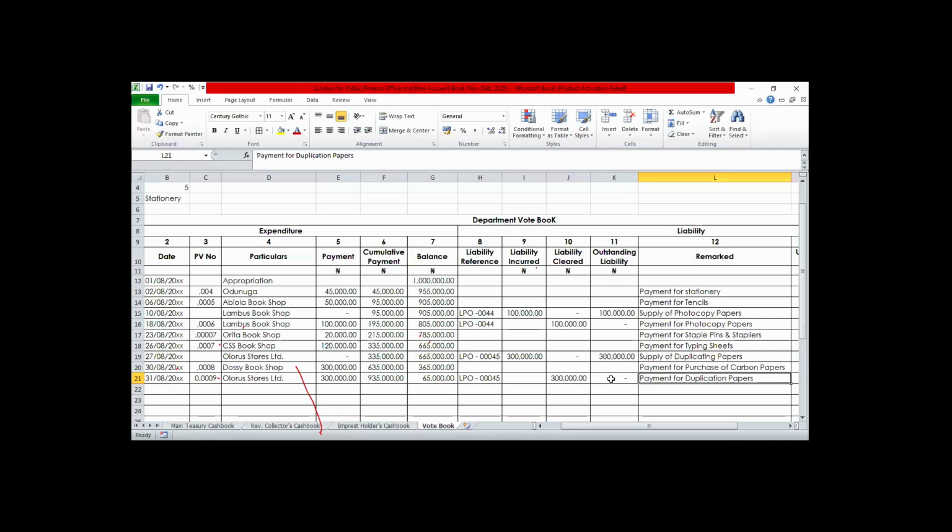Without that particular authorization, the Accountant General has no power to spend money without approval. Do we understand?